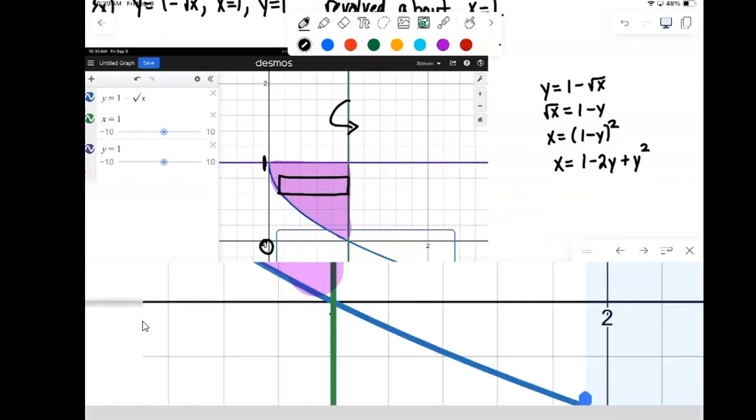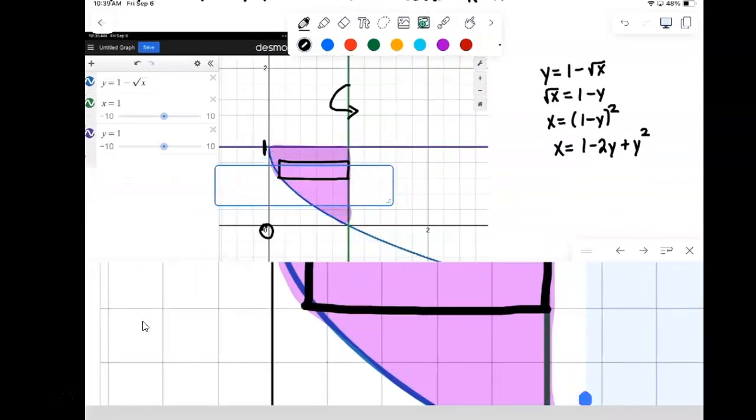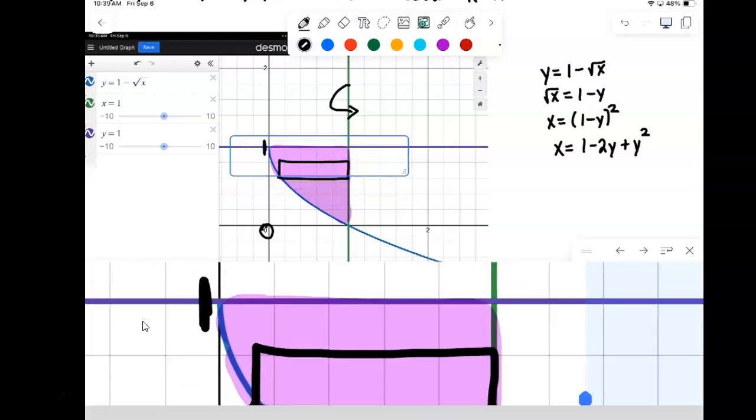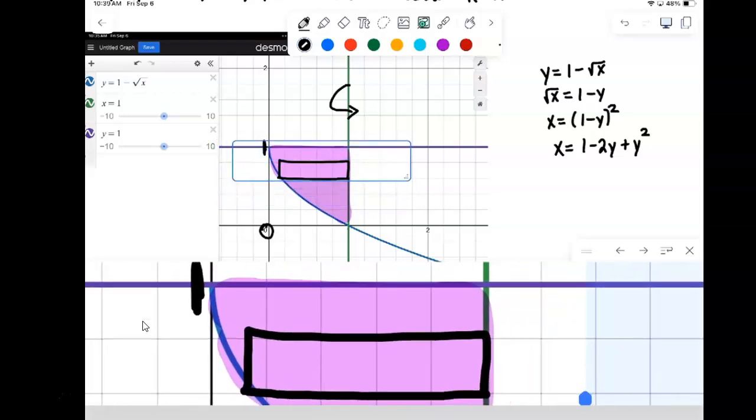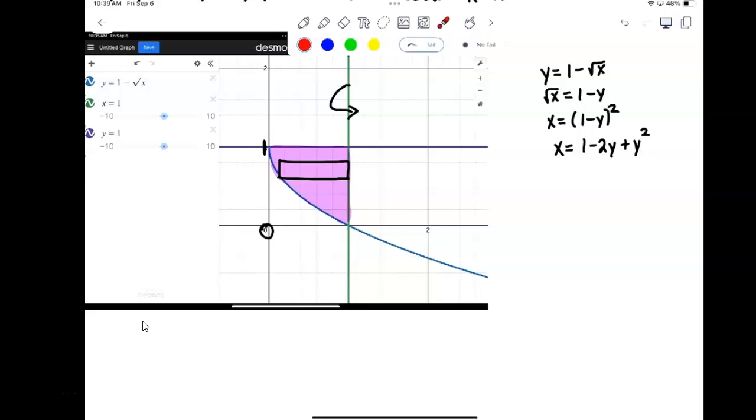Now, that's the function expressed as a function of y. And if we were revolving about the y, hopefully you can see you'd have an outer function of 1 and an inner function of that. But we're no longer revolving about y, we're revolving about the line x equals 1. So what we need to now do is realize what this actual length is in terms of y.